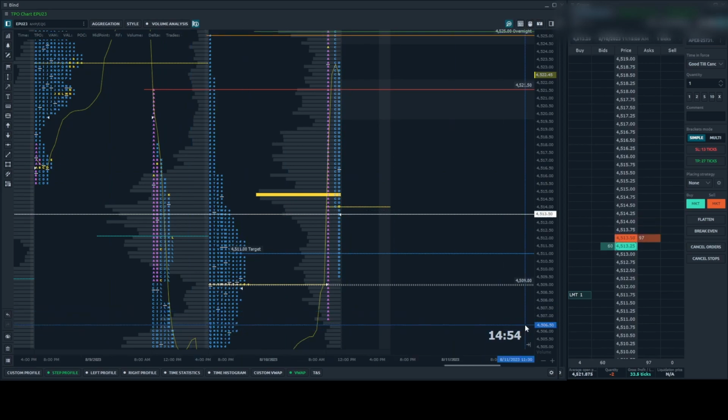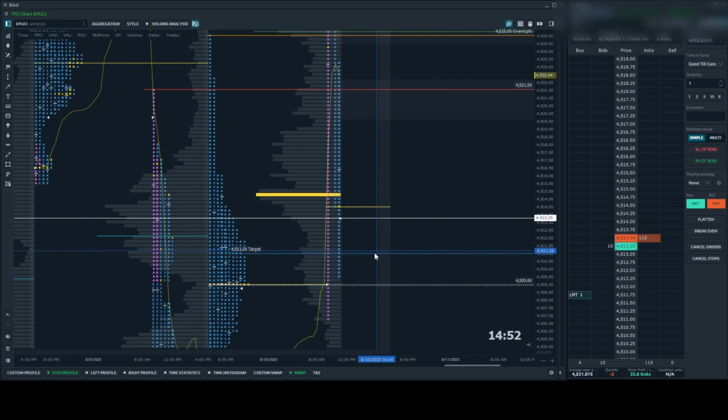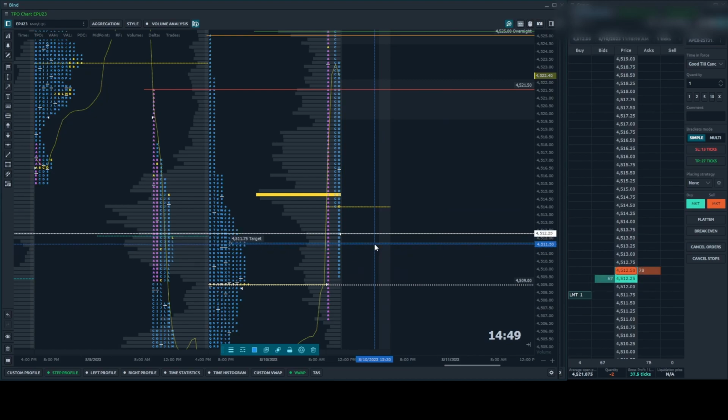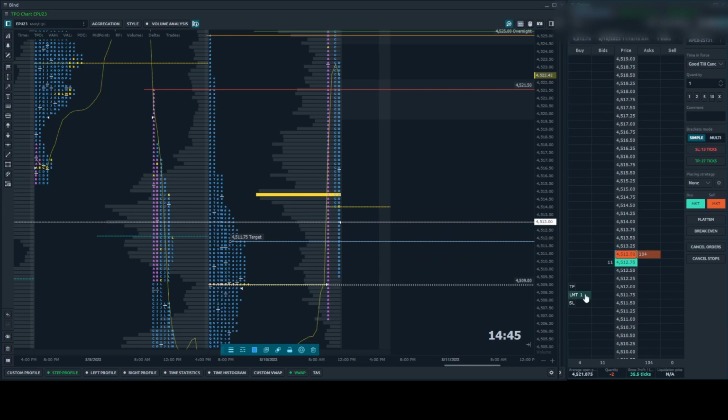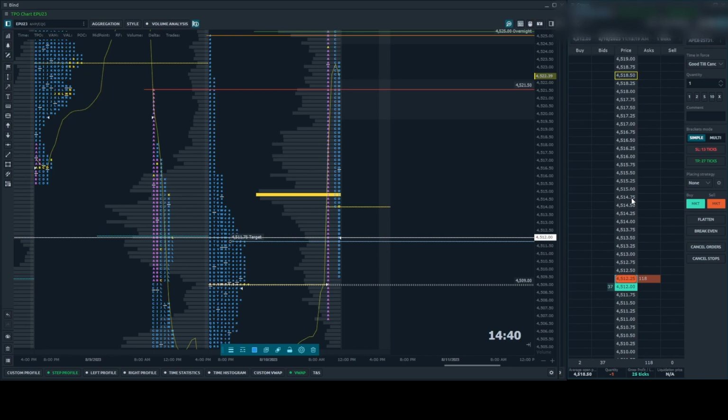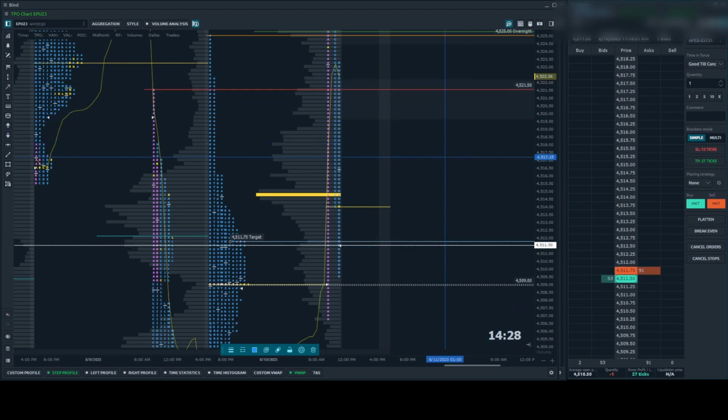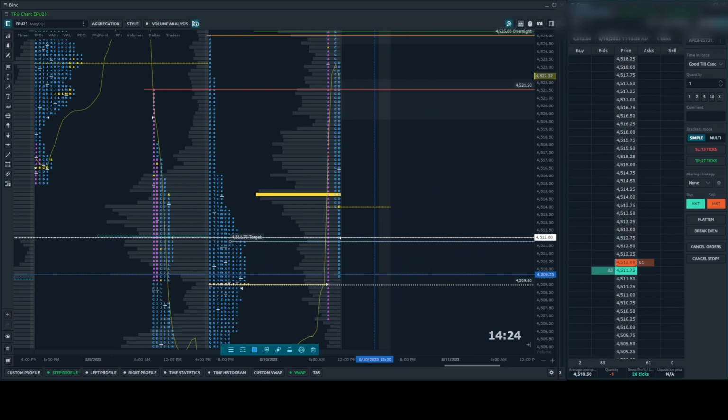I'll leave this order here for 1175. Take that one, or back to one. See if we can break this, or I might just close out of this position totally.